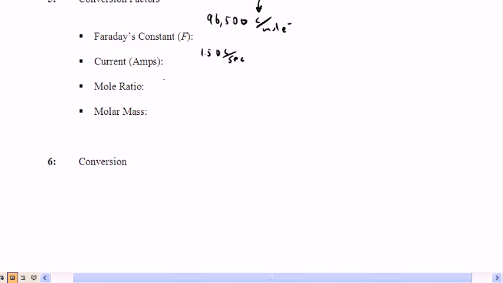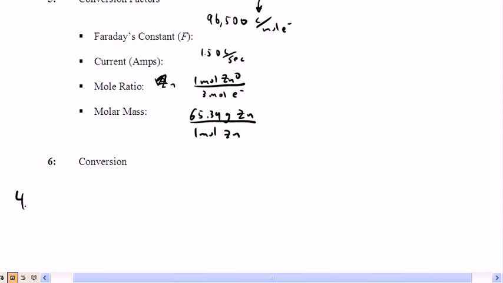My mole ratio is for every 1 mole of Zn, that requires 3 moles of electrons. And the molar mass of Zn, if you look on the periodic table, it's got 30 protons. So that's 65.39 grams of Zn for every 1 mole of Zn.